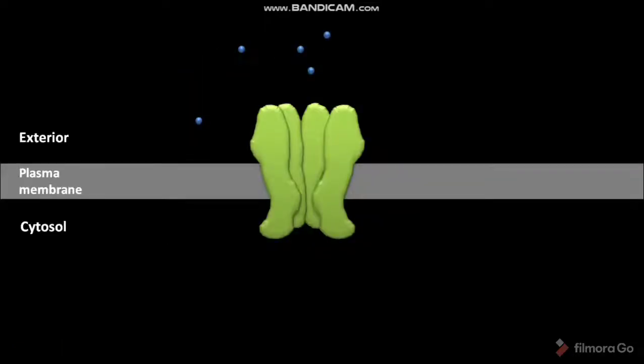In order to detect salt, the plasma membrane of the receptor cell or taste cell has amiloride-sensitive Na+ channels. The amiloride-sensitive Na+ channel is otherwise called the ENaC channel.